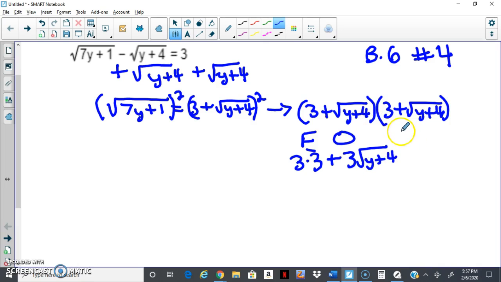Then the inner 2 for I. And then the last 2 is going to be y square root of y plus 4 squared.